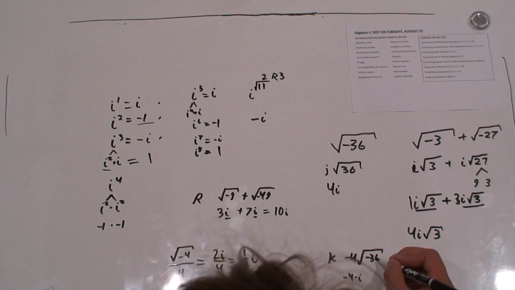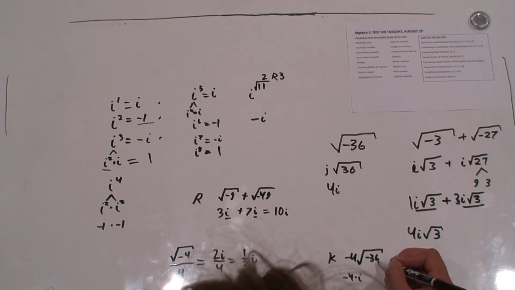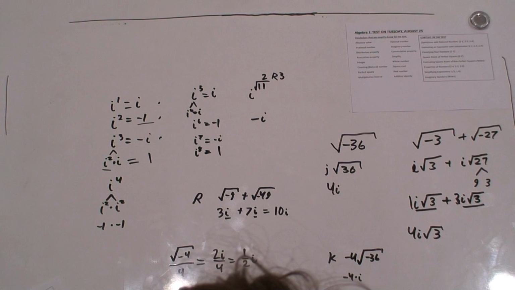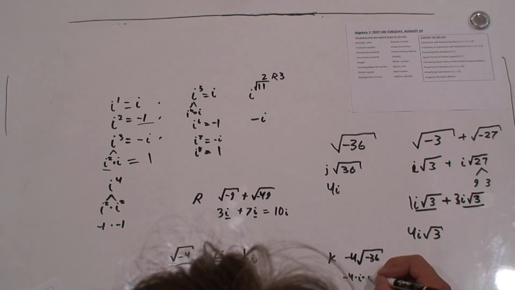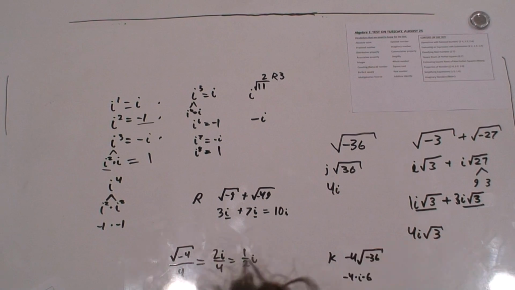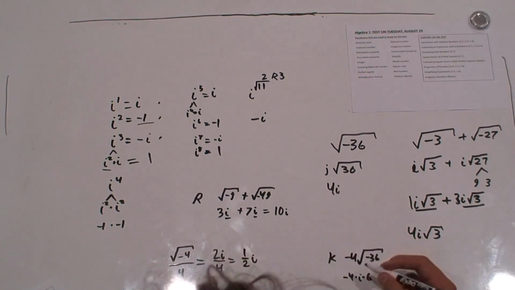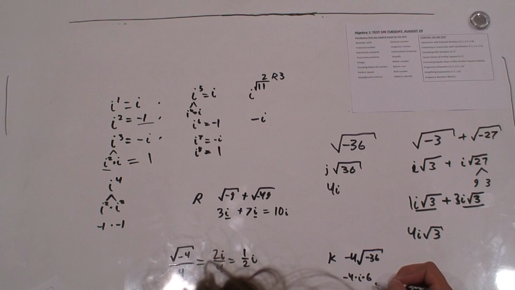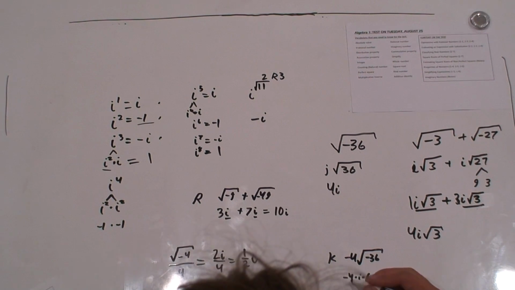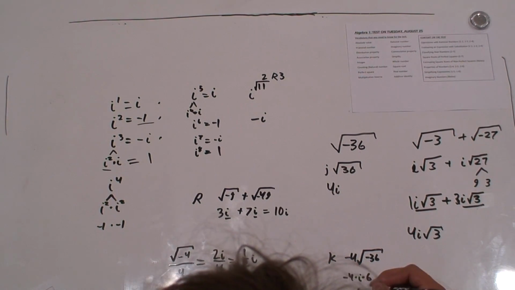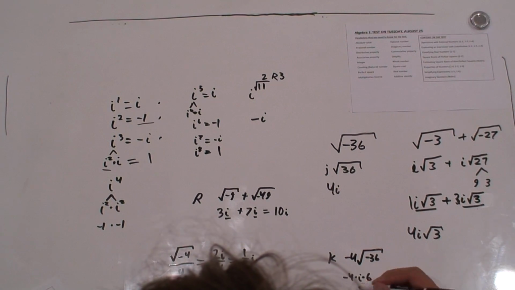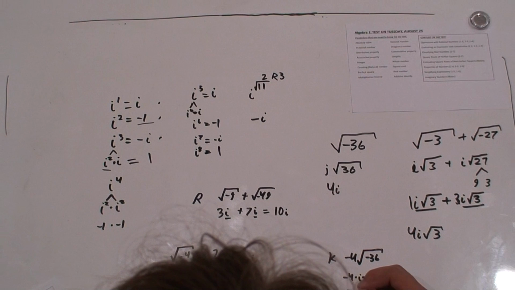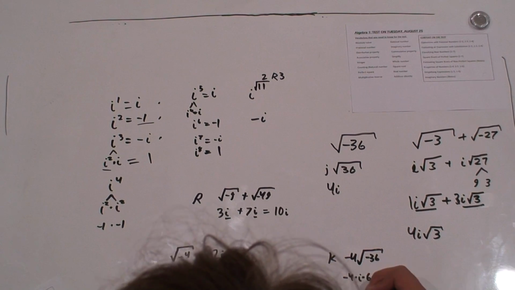Then 36 is a perfect square, so we can also take that out. We have 6. 6 times 6 is 36. So we have -4 times i times 6. -4 times 6 is -24, and there's only one negative, so it would be -24 times the i.